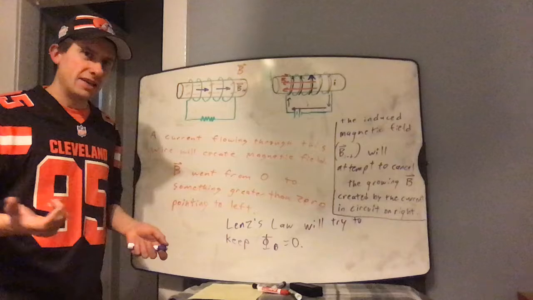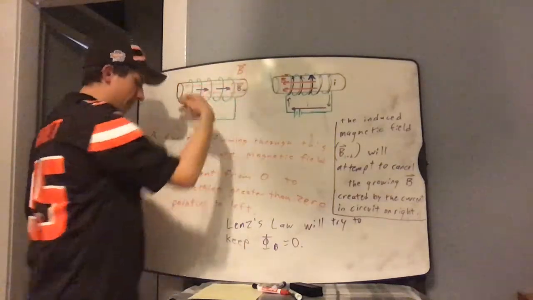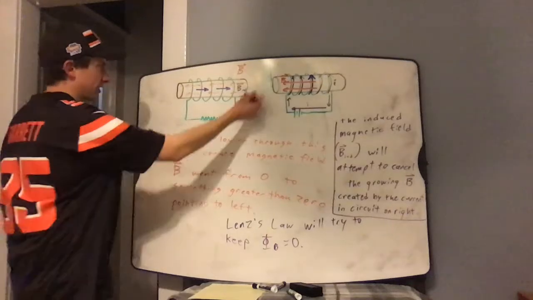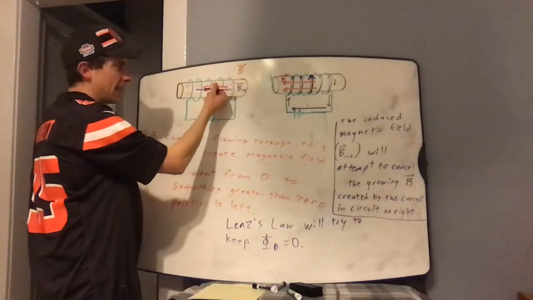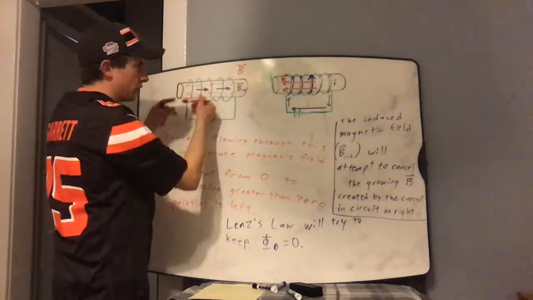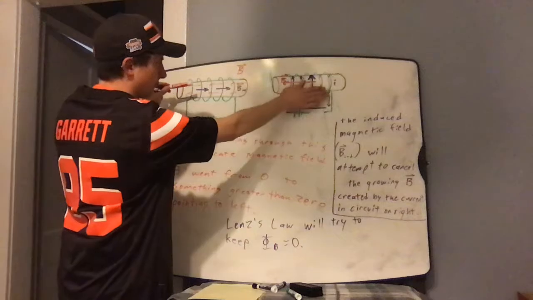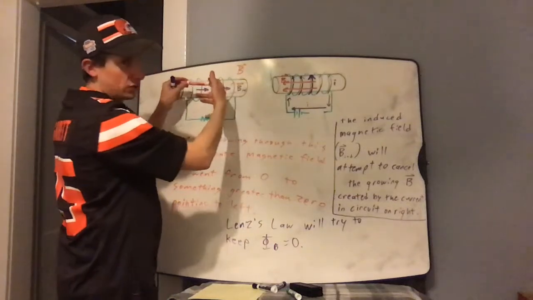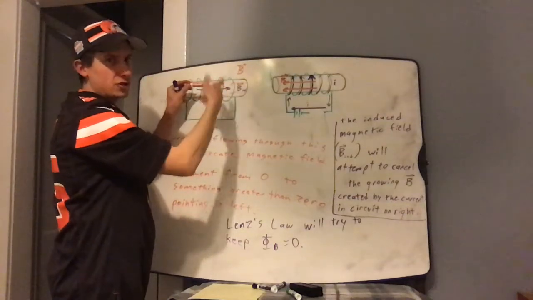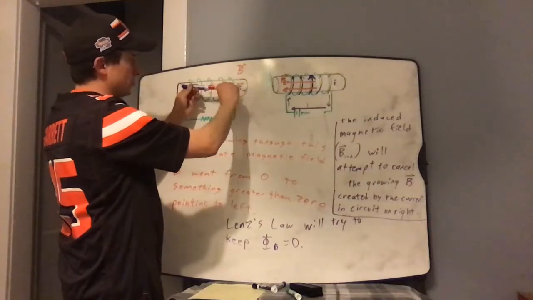But in the opposite case, if we had a really large original magnetic field pointing to the left, and then we opened the circuit, well, if we open the circuit, the current will stop flowing, the magnetic field will turn off. Well, nature opposes that change, so nature will try to keep the magnetic field big.